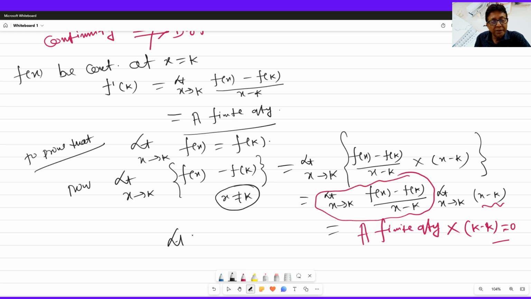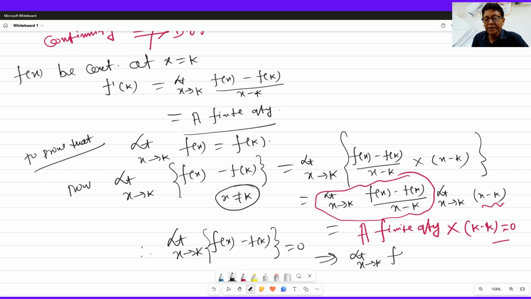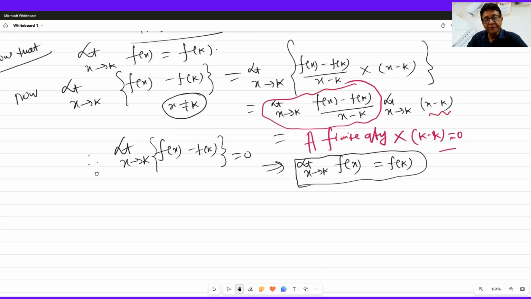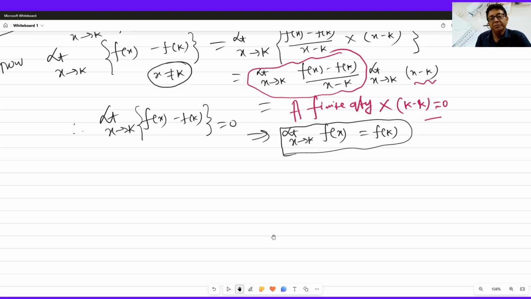Limit x tending to k f(x) minus f(k) is 0. This implies that limit x tending to k f(x) is equal to f(k). Okay, so the function is continuous over there. Under what condition? The function is differentiable. That's why it is continuous.